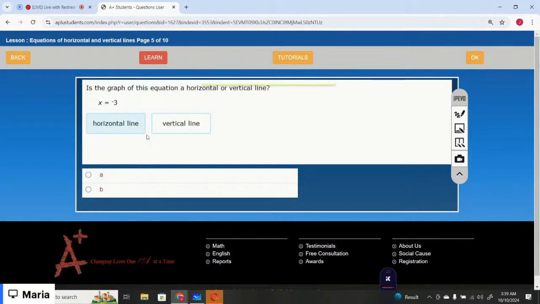Very good, vertical line it is. Option number B is the correct option.